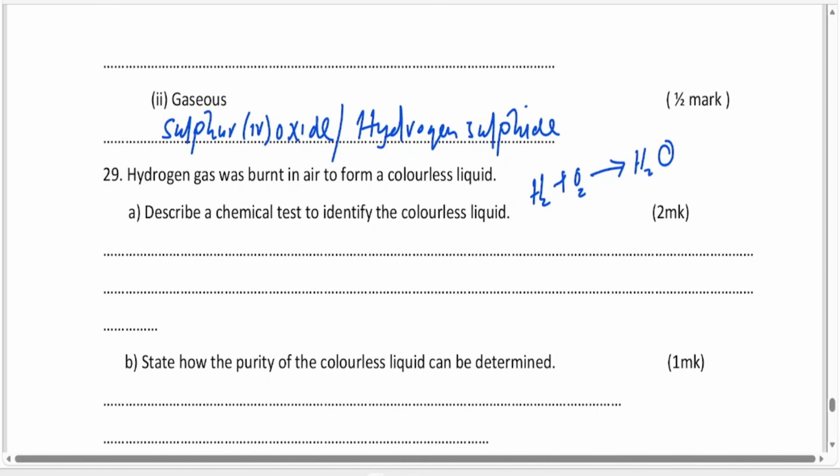Remember, we have the physical methods, maybe we can freeze it, or boil it and determine the boiling point. And then we have the chemical method, using chemicals such as anhydrous copper 2 sulfate or anhydrous cobalt 2 chloride. So in my case, I'll use anhydrous copper 2 sulfate.